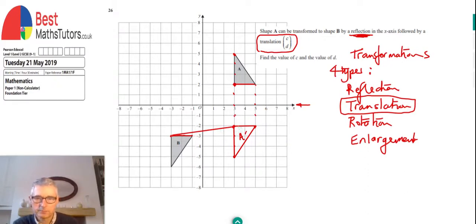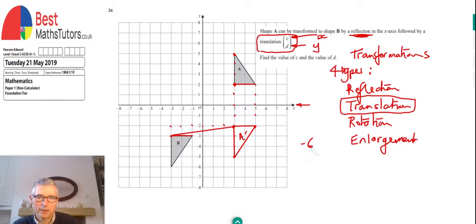And so in the x direction, we've moved 1, 2, 3, 4, 5, 6. Because it's to the left, we've moved -6 in the x. And the top one of these numbers is the x one, and the bottom one is the y one.